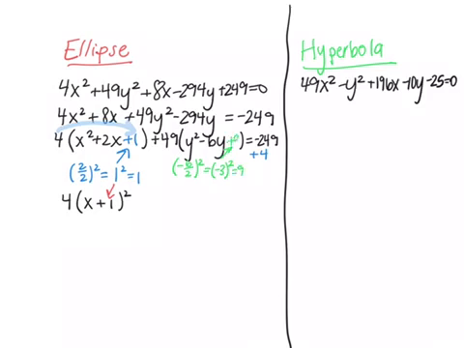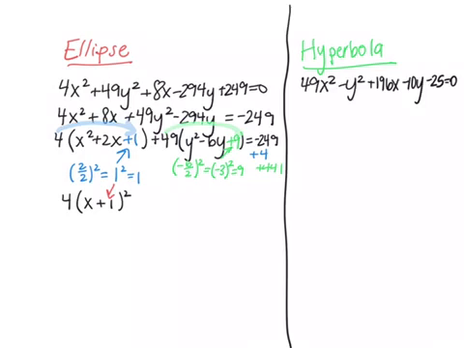So I'm going to add 9 there. But then when we add 9, remember that I have to take that 9 times the 49 that you see. So I have to distribute here. So on the other side, I'm going to be adding 441.